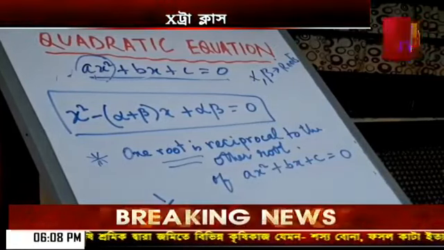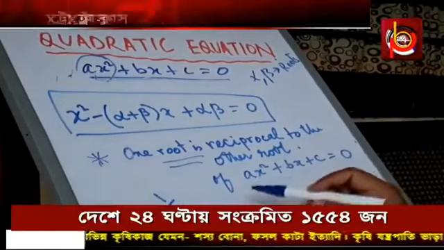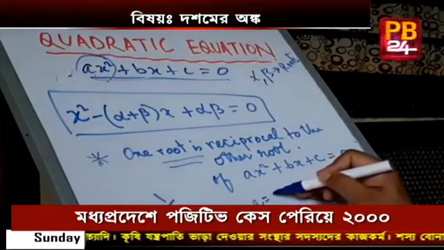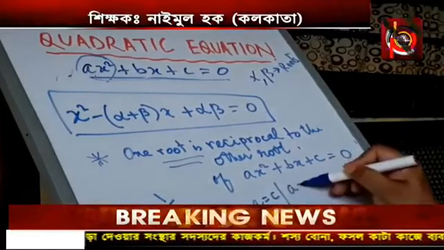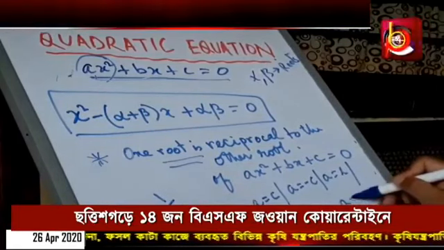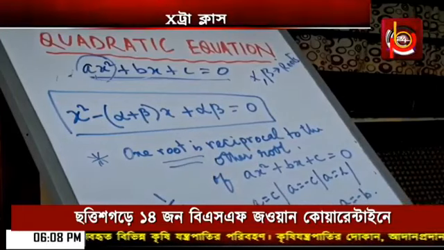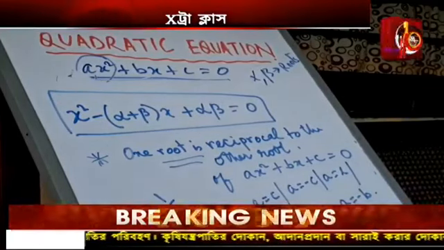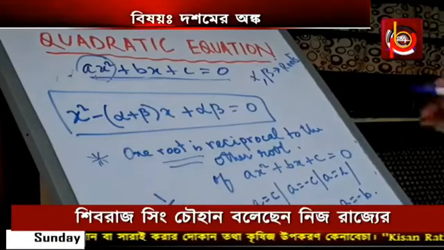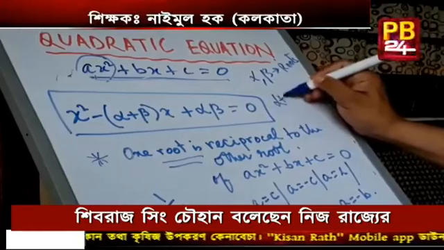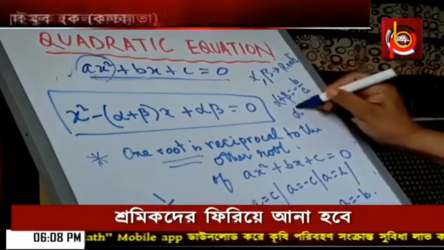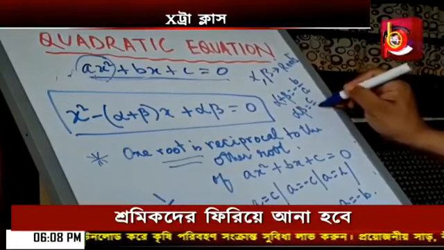It may be given as an MCQ sum, with four options: A equals C, A equals minus C, A equals B, A equals minus B. Now, as we know, the sum of the roots, alpha plus beta, equals minus b by a, and the product of the roots, alpha times beta, equals c by a.